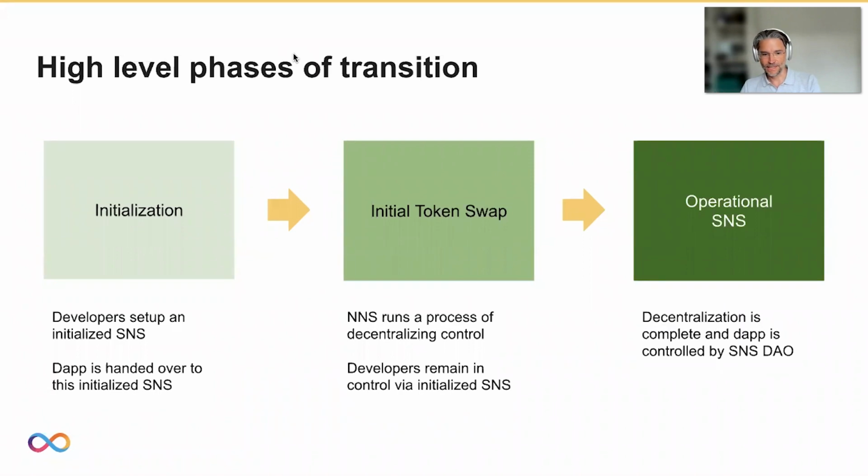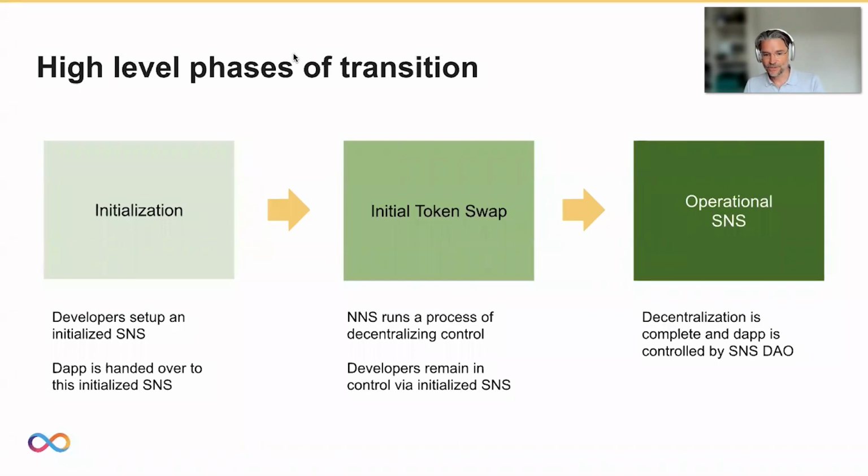In initialization, we would expect projects and developers to set up this initialized SNS, then configure how they want the whole process to run, and there are various configuration parameters we'll go through in a minute. And crucially, the application or DApp is handed over to this initialized SNS.